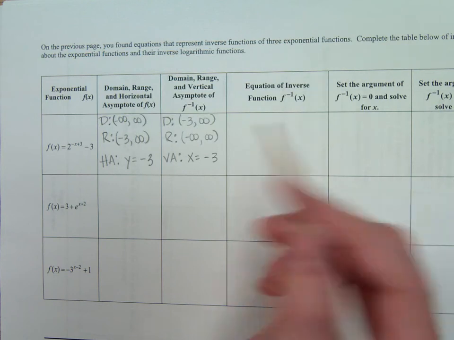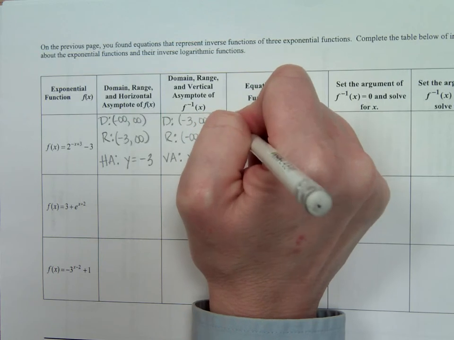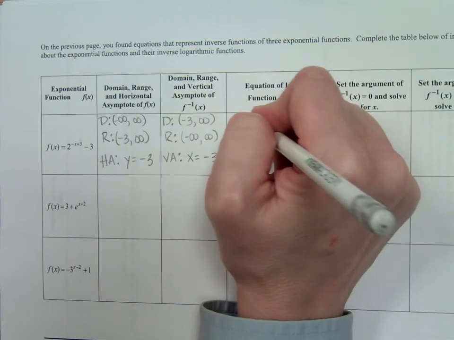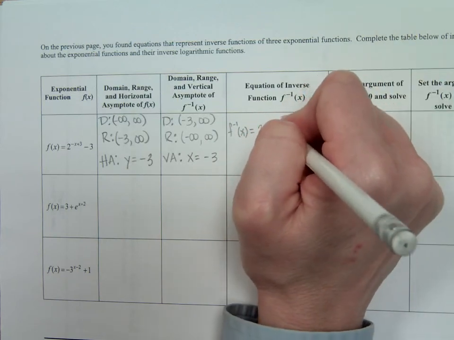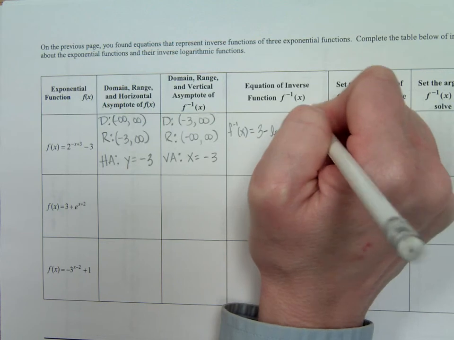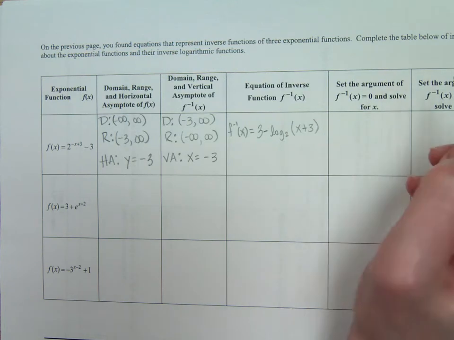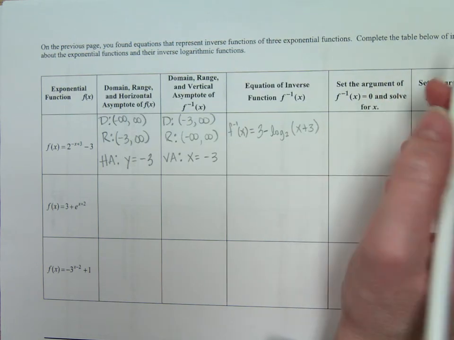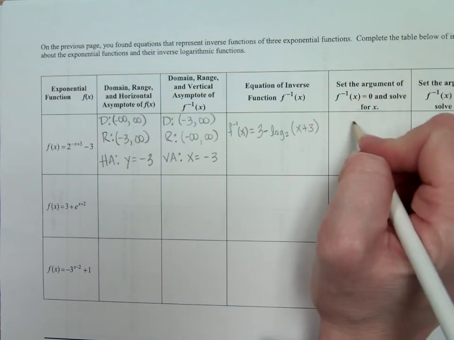What was your equation of the inverse function? Wasn't this the one that we changed to 3 minus? So set the argument of the inverse of f of x equal to 0 and solve, that's the x plus 3 part.